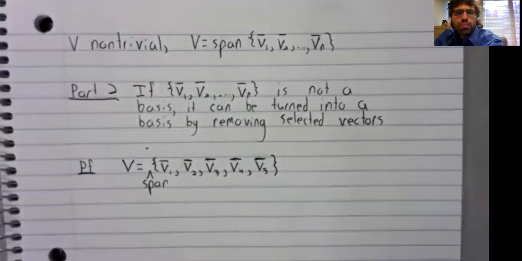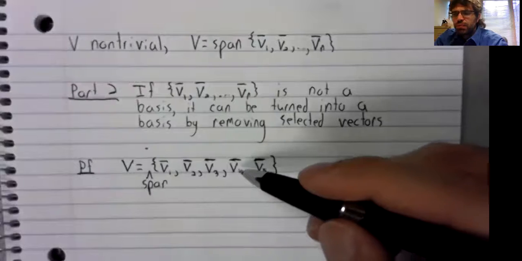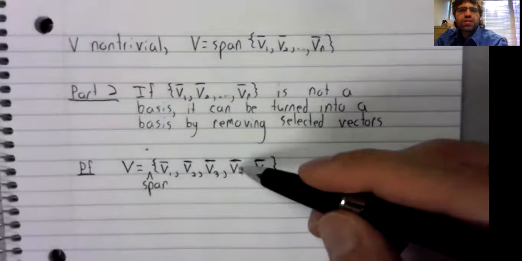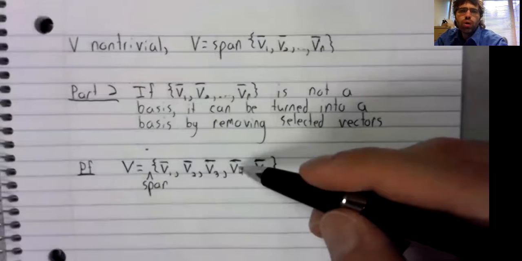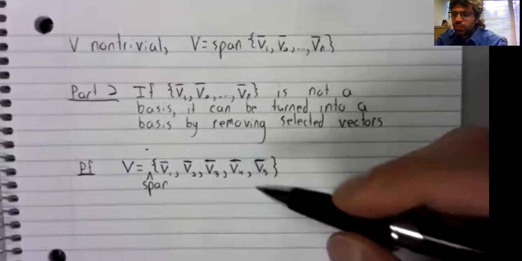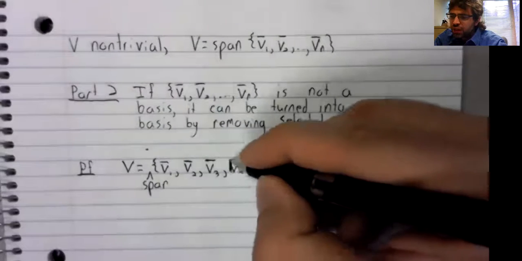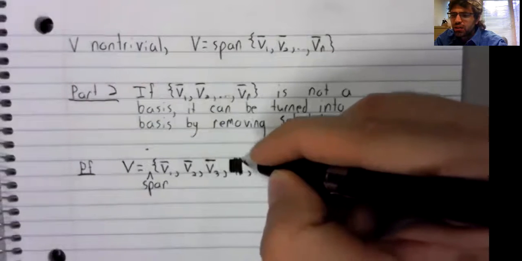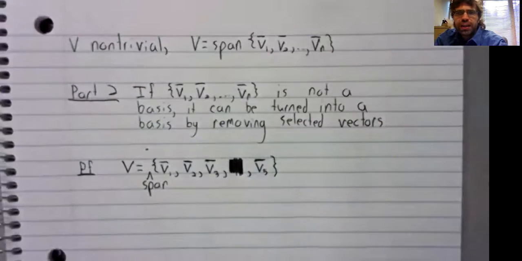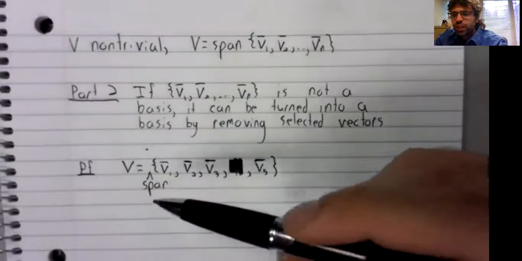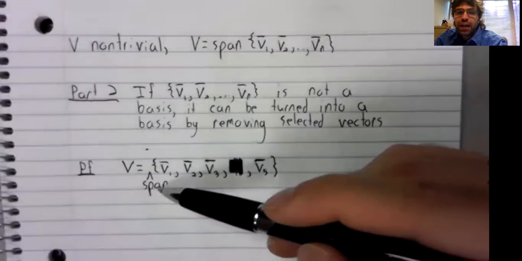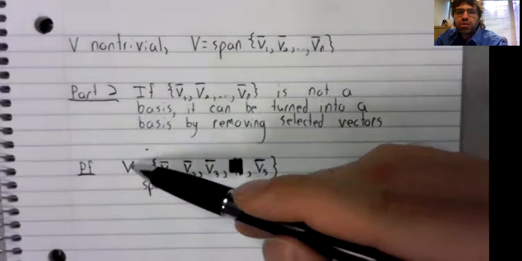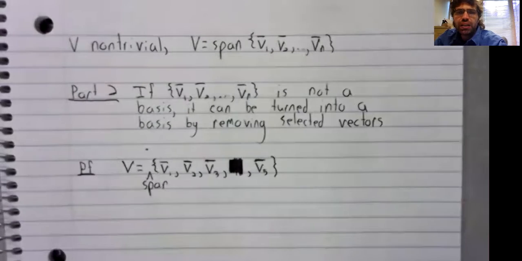That's a theorem that we have. Say, for example, that V sub 4 is a linear combination of the others. Then according to the first part of the spanning set theorem, we can get rid of it, and it doesn't change the span, so these vectors still span V.